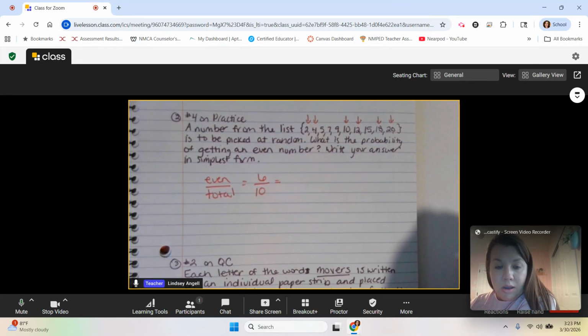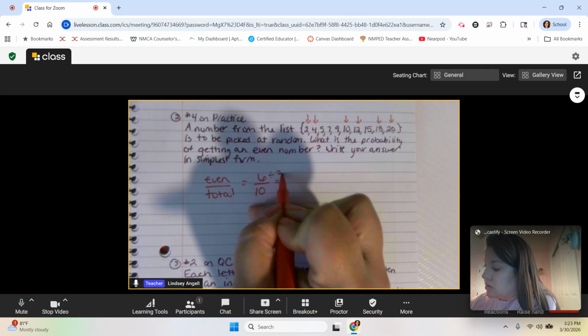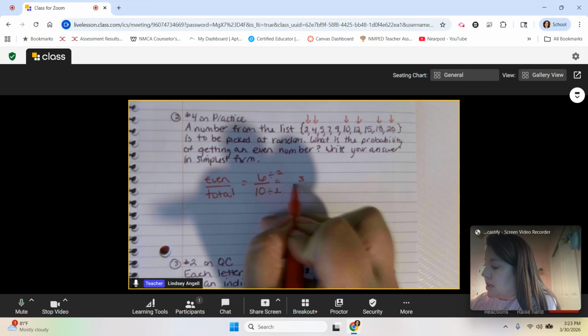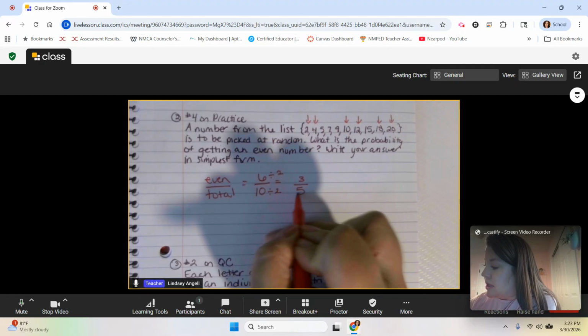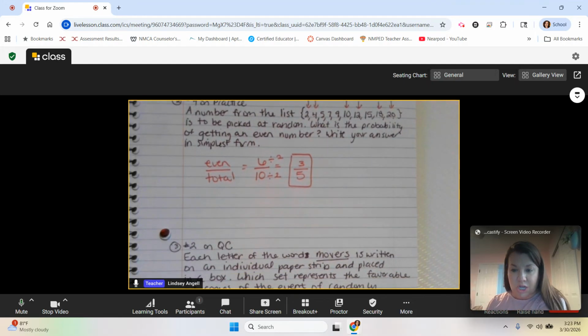Okay, and writing our answer in simplest form, 2 goes into both of these numbers. 6 divided by 2 is 3, 10 divided by 2 is 5. So we have a 3/5 chance, or 3 out of 5 chance of pulling an even number. That's what we're looking for.